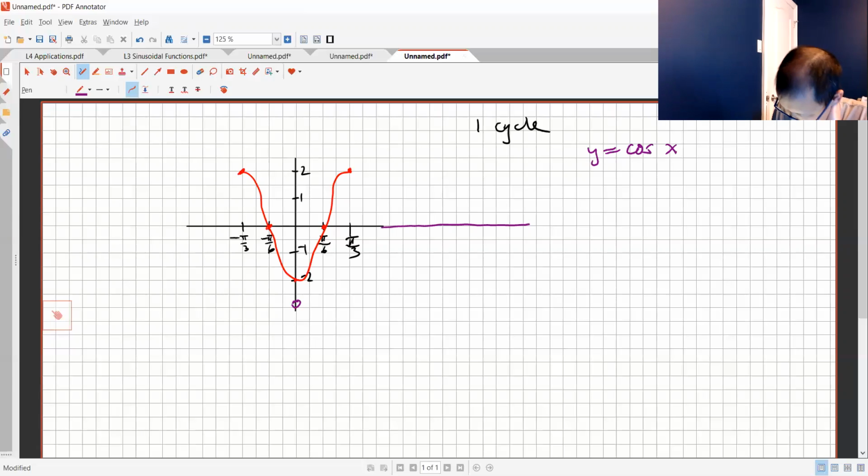That's a third, 2/3, 3/3, so that's pi. So every 4, 1, 2, 3, 4, 5, 6, 7, 8, 9, 10, 11, 12.